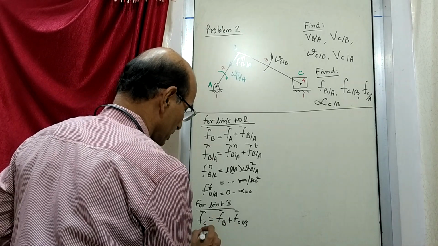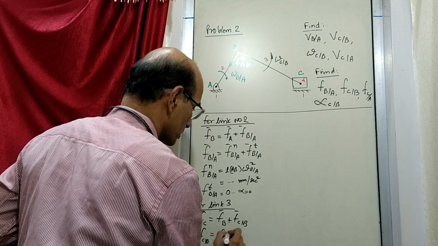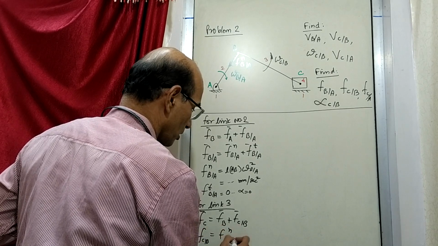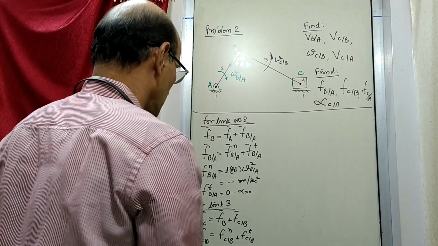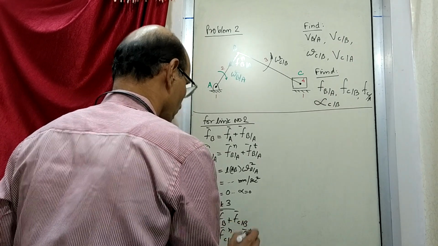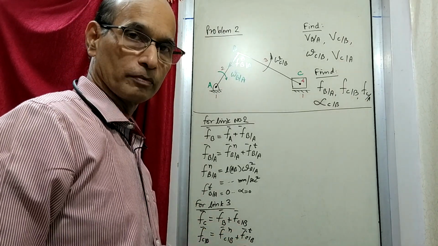Now this vector is made up of two components, normal and tangential. Normal component of this and the tangential component of the same.